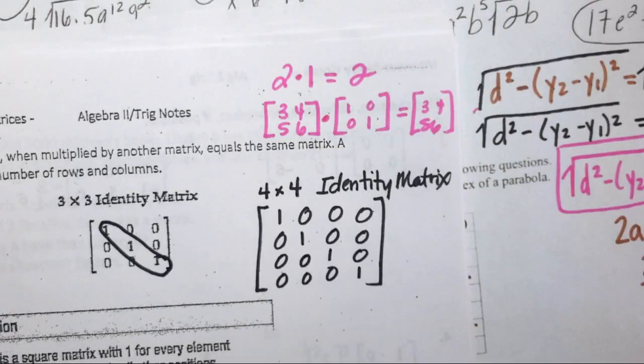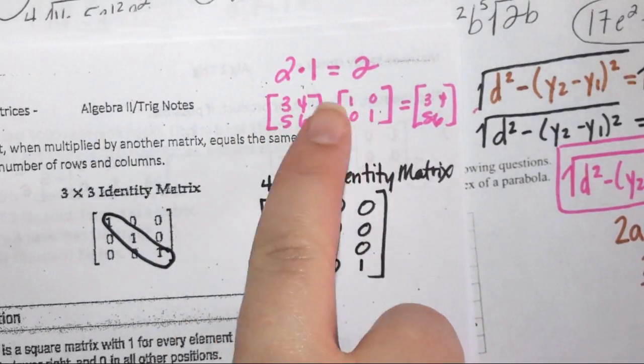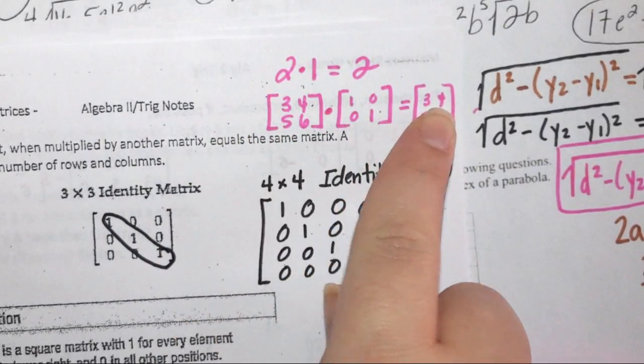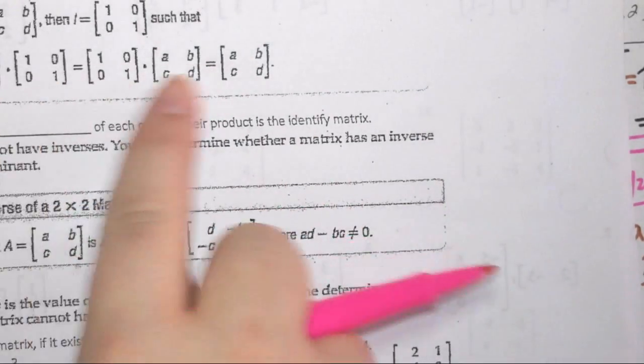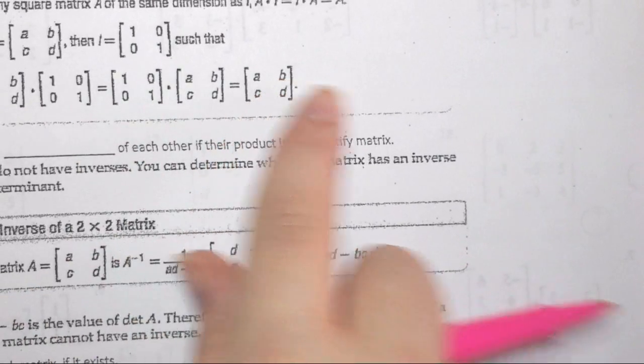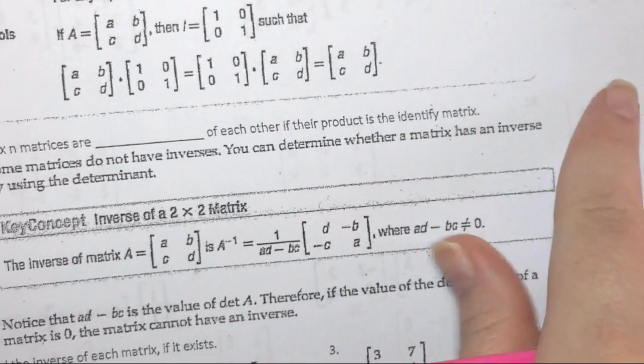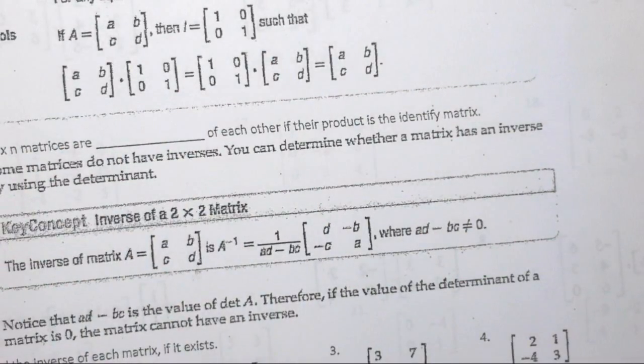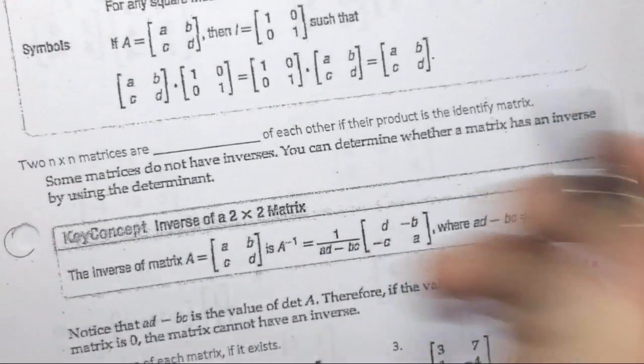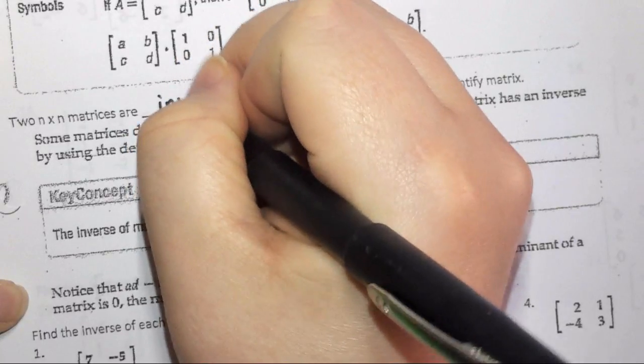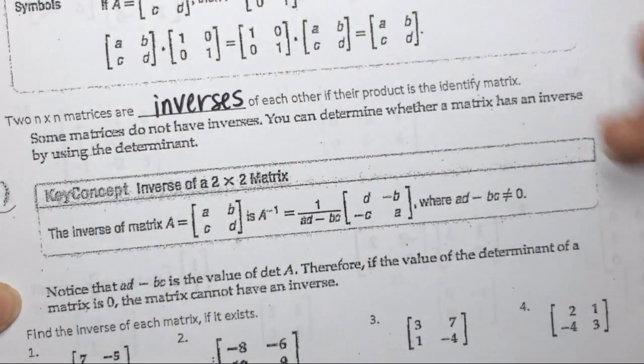Okay, so the identity matrix is a square matrix, 1 for every element on the diagonal. We already talked about that. I explained it using numbers up here. They explain it in that first main box using variables, so if you want to look through that, you can. But basically, we would love to see identity matrices because they make life so much easier. Two matrices are inverses of each other if their product is the identity matrix.